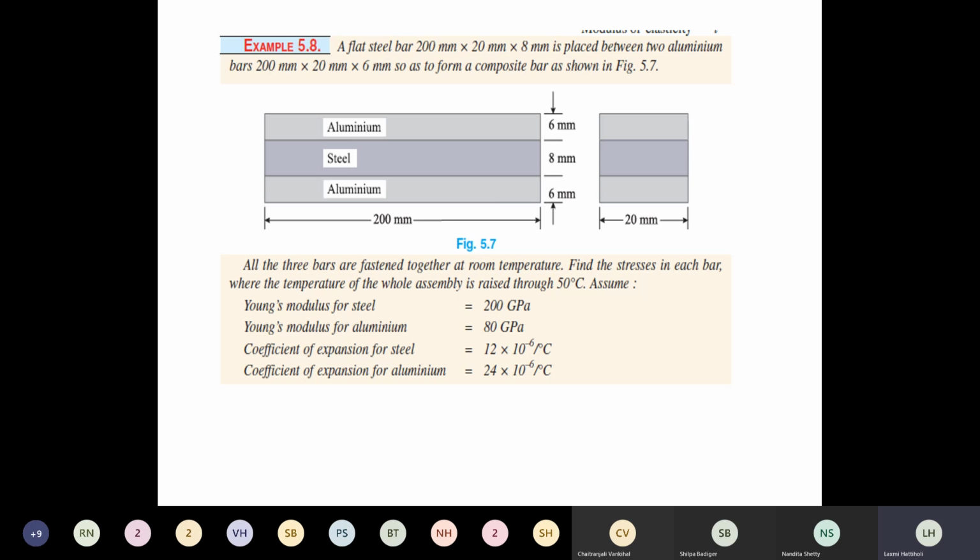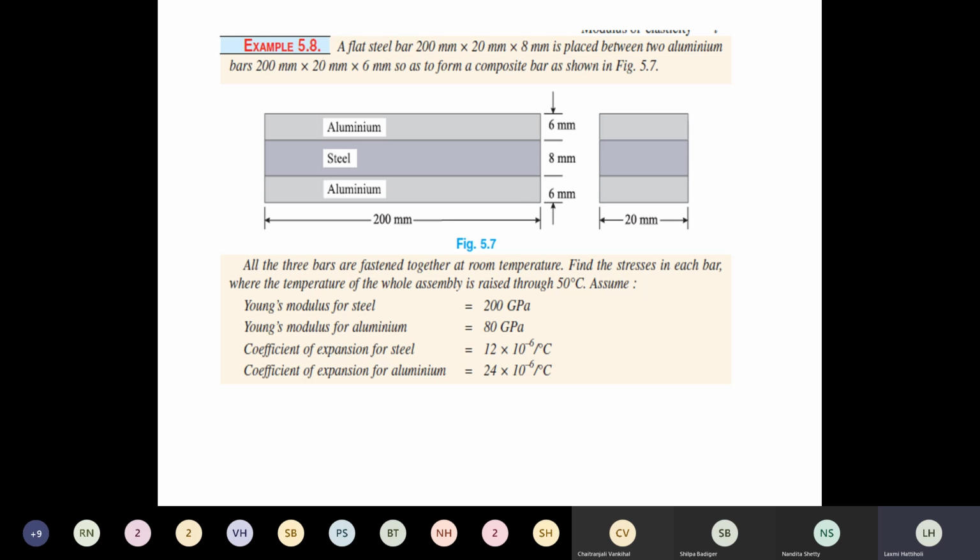The initial temperature, of course, he has not given. Initially it was at room temperature. Now later on it has been raised to 50 degrees Celsius, right? So there is no question of T2 minus T1 now. Directly he has given the T2 minus T1 itself. Initial temperature has been raised to 50 means now delta T is nothing but 50. That's how you need to assume.